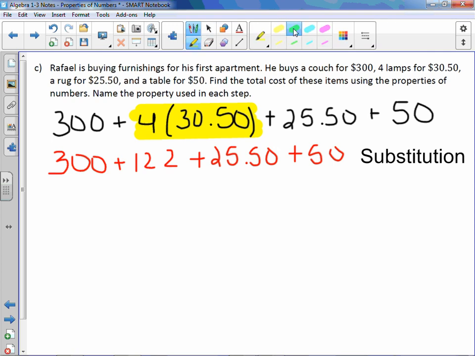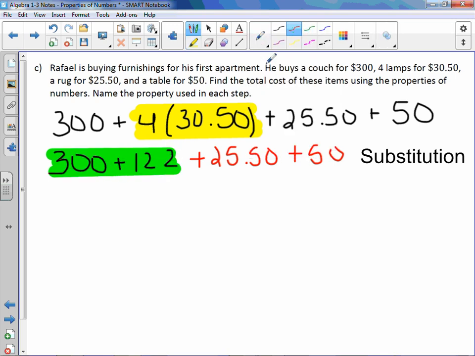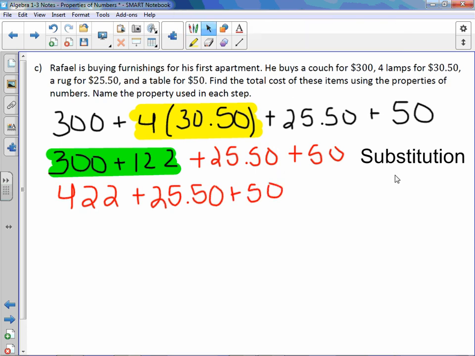Next, we just add and subtract from left to right. So 300 plus 122 is 422. Bring down everything else. And again, that was substitution.